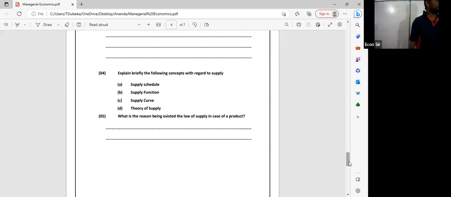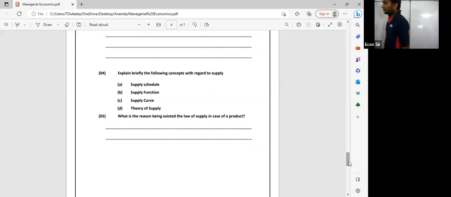The theory of supply. What do you mean by theory of supply? Law of supply means what? It is the relationship between the price and the quantity supplied.